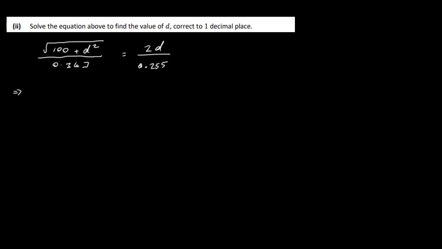Let's start by cross multiplying because we've got a fraction equal to a fraction. So 0.255 times the square root of 100 plus d squared is equal to twice 0.343, so that is 0.686.